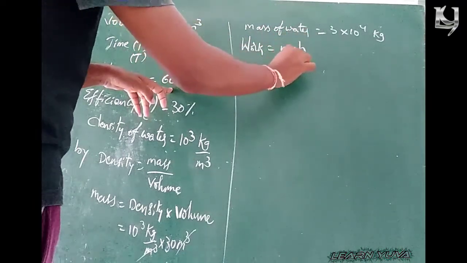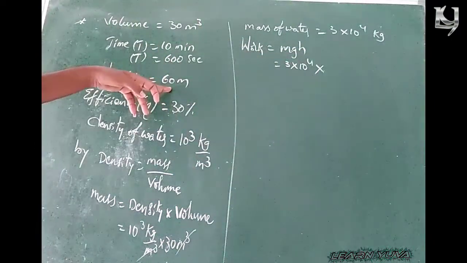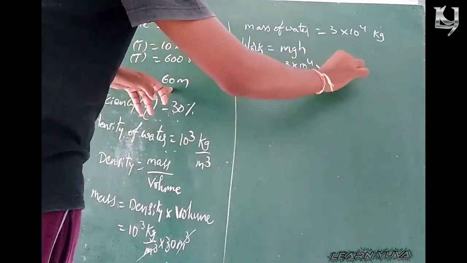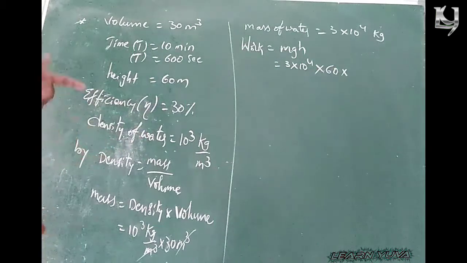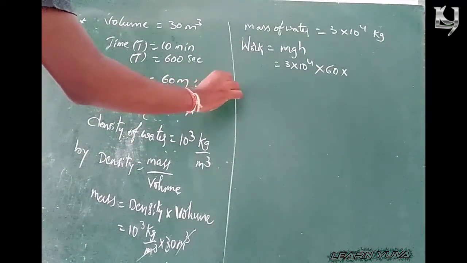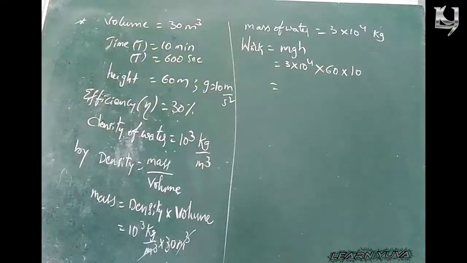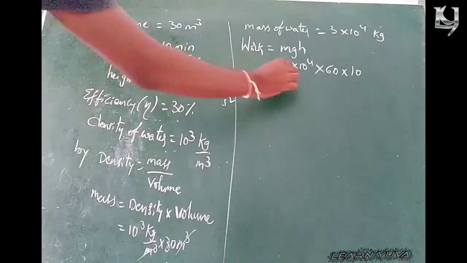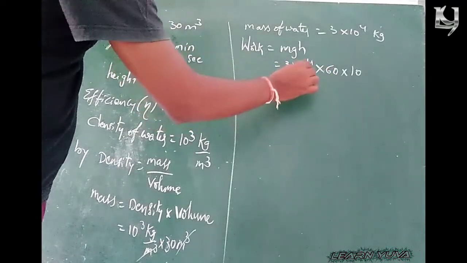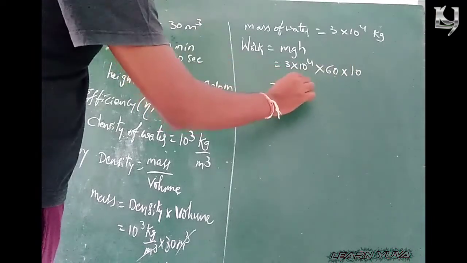So a mass of 3 into 10 power 4 kg of water is to be lifted to a 60 meter height, and here take g is equal to 10 meter per second square. So 3 into 6, 18, into 10 power 4, 10 power 5, 10 power 6.